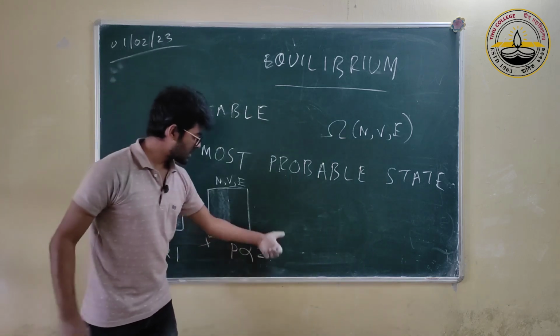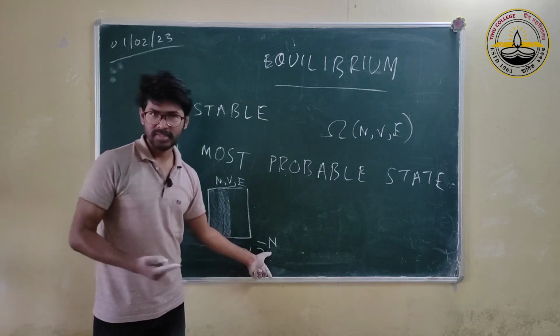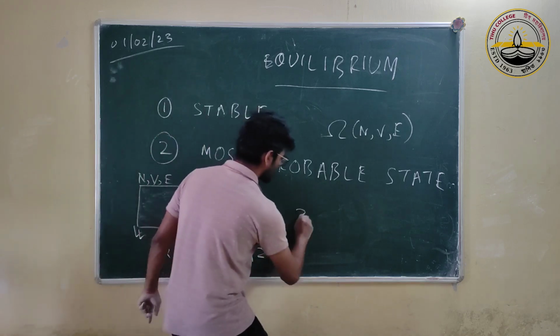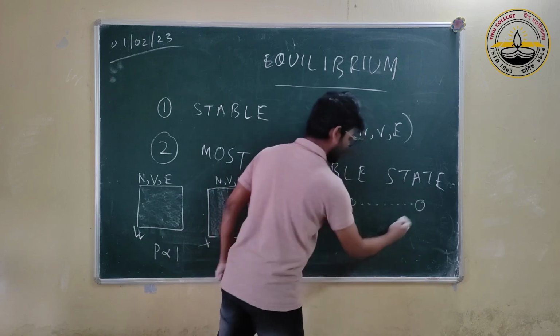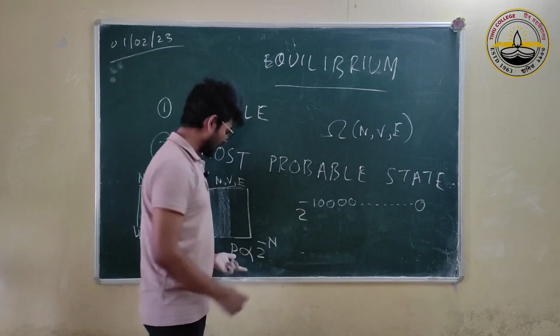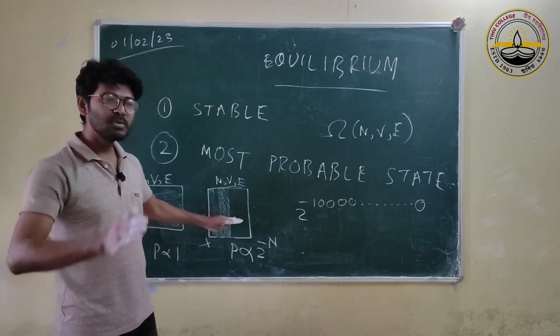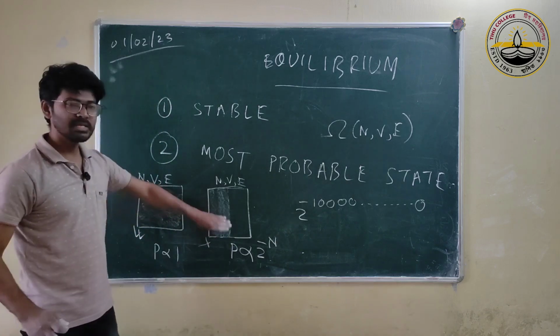So if you take a really huge number of particles, 1 mole, let's say, 10 to the power 23, this will become 2 to the power minus 1 followed by 23 zeros. So that's really almost zero probability. So you will almost never find the box in this situation.